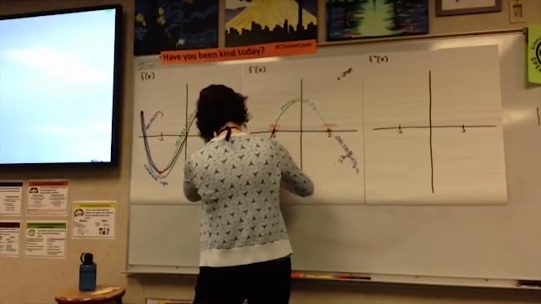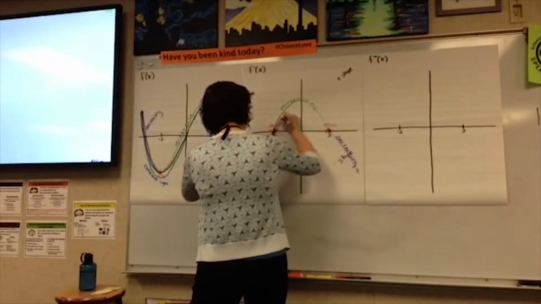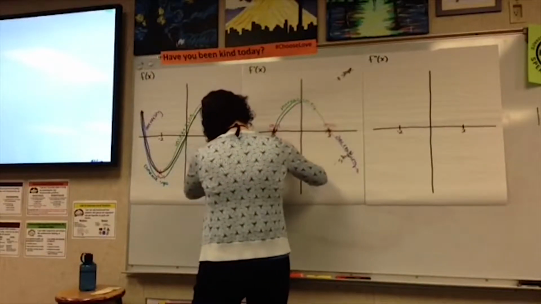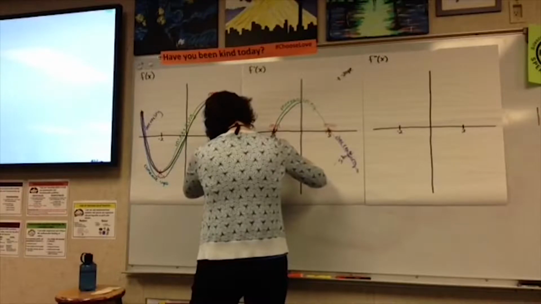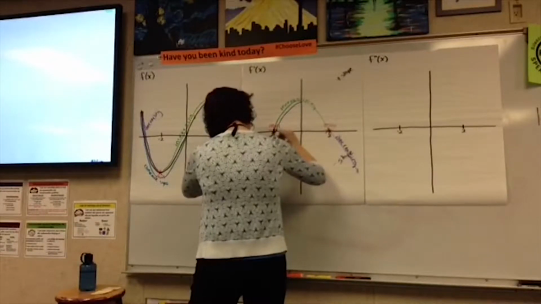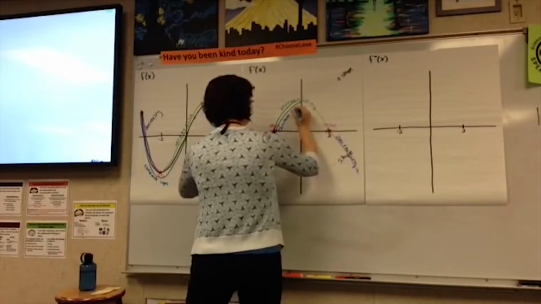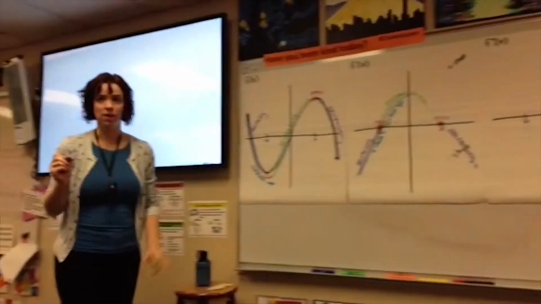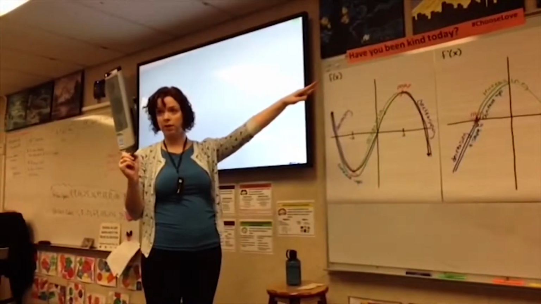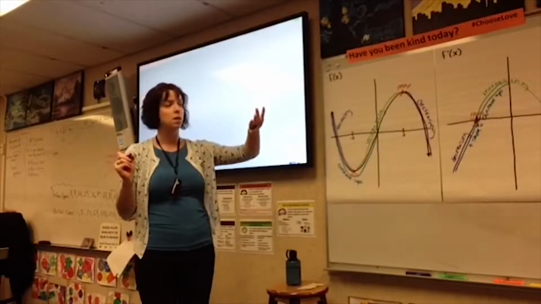Negative infinity to 0? Yep. So like right here. So this is going to be a positive slope, which represents concave up. That's the positive slope of our first derivative graph.